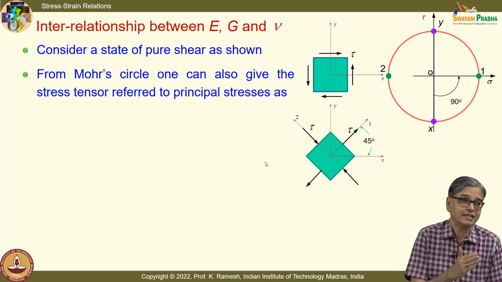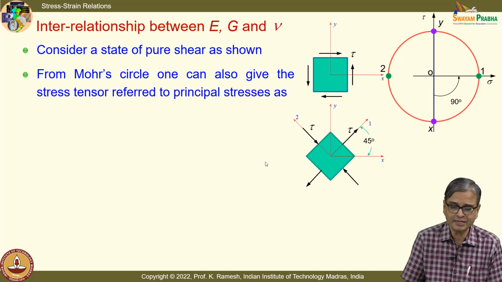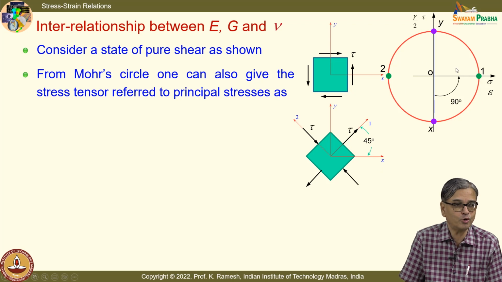And I said Mohr circle of stress and Mohr circle of strain are identical if you adjust your axis properly. So, I can also visualize the same circle as Mohr circle of strain, where I have the normal strain here and where I have the shear strain here.